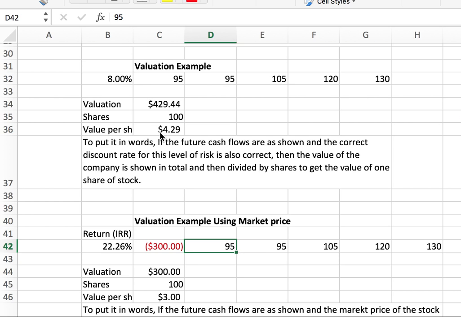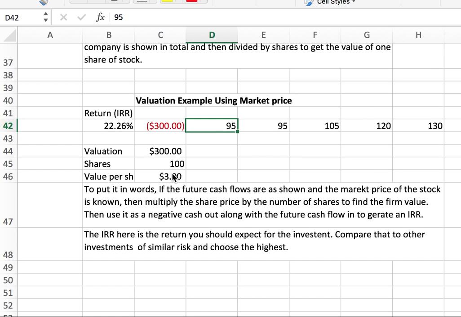And in this case that shows $4.29 because we assumed the 8% is a fair rate of return for this kind of company. Another way to look at it is the market's paying $3 for this stock. The $3 share times 100 shares is $300. The $300 for the valuation of the company is if we spent $300 to buy every share and own the whole company, what would we get back?